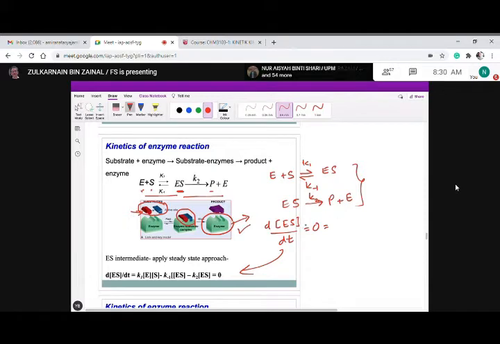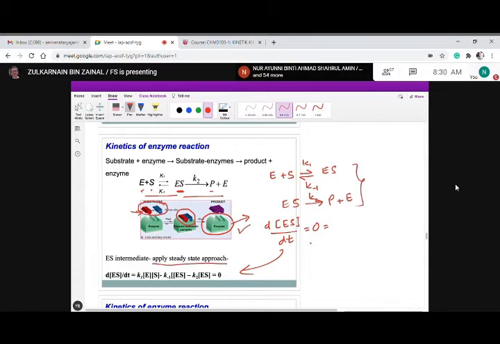So then we can use what we call the steady state approach to get the rate for the enzyme reaction.